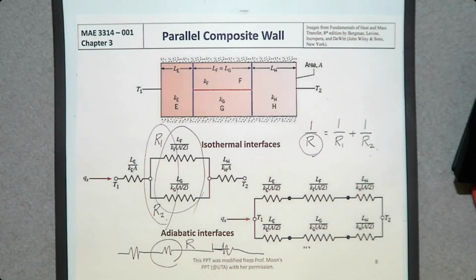I can promise you that there will be at least one problem in your second exam where you need to use this thermal resistance network. Any question up to here?